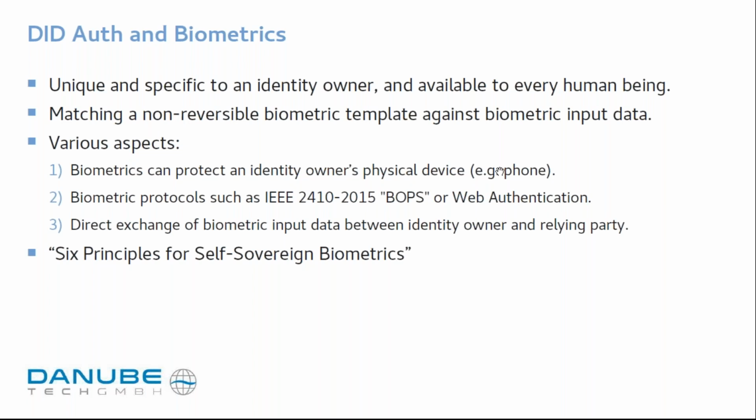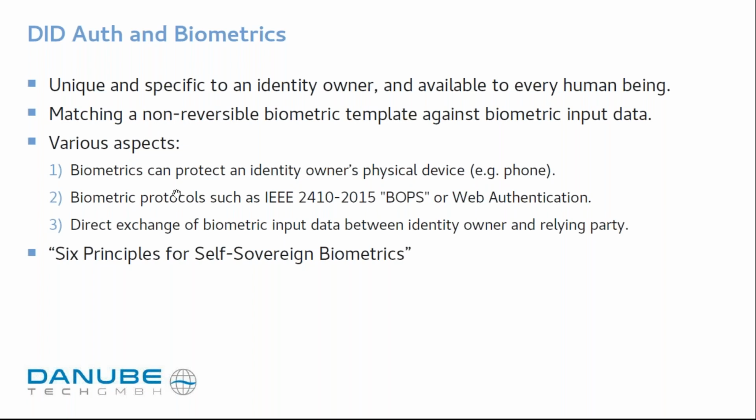So there are no biometrics, fingerprint data, biometric input data actually exchanged between the identity owner and the relying party. So it's mostly about unlocking secret key or secret authentication material on the device.